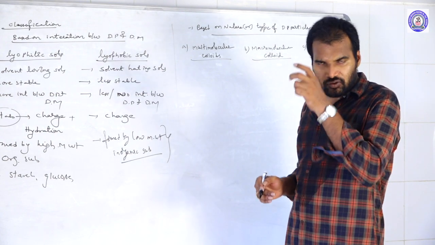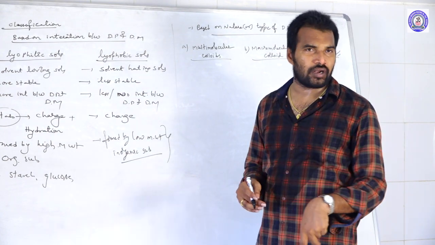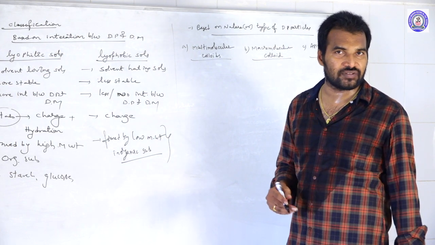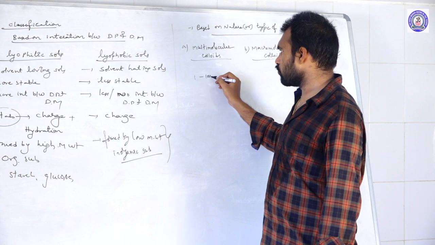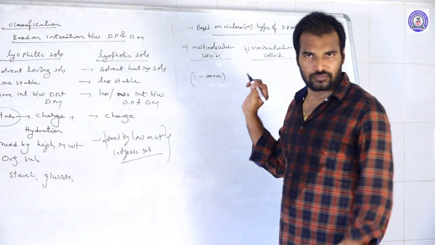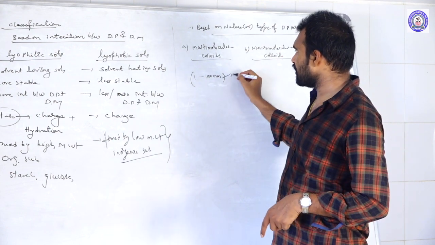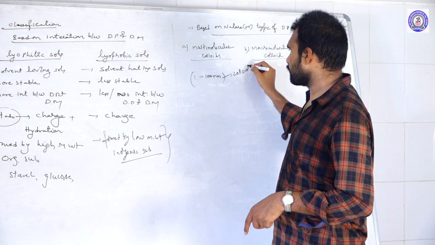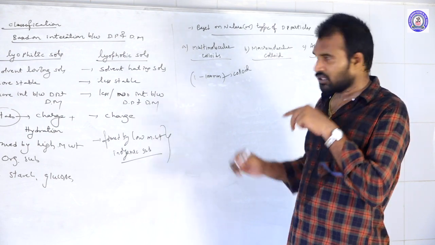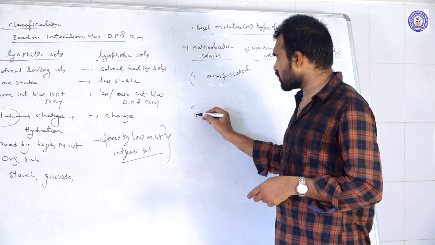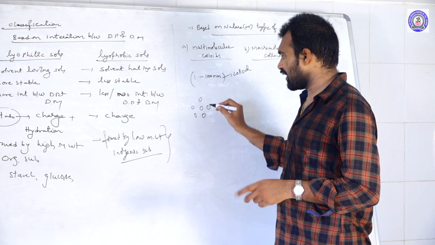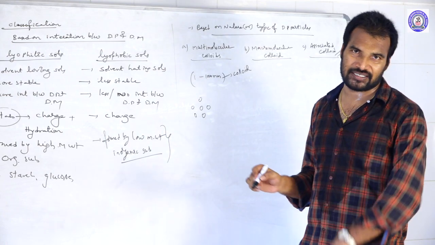As we know, in order to become a colloid, what is the range of size of the particle? When the size of the particles is between 1 to 1000 nanometers, then only it becomes a colloid. In multi-molecular colloids, there are many smaller molecules, but they are not in the range of colloidal size.